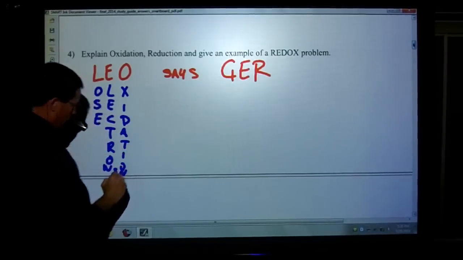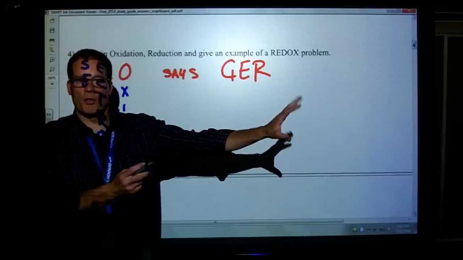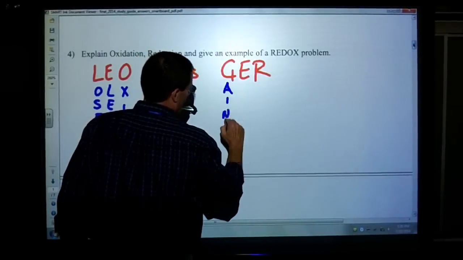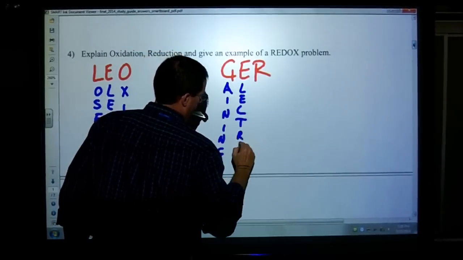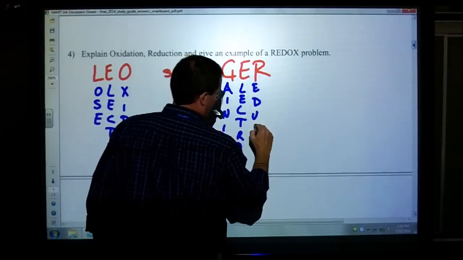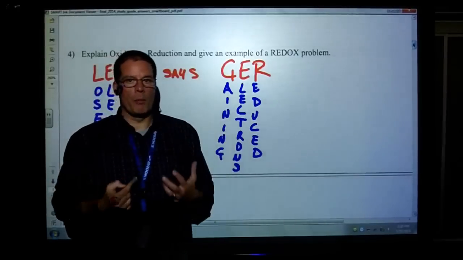Okay, so whenever an element becomes more positive, because it's losing negative charges, it's being oxidized. And then gaining the electrons means that it's being reduced. Okay, so if I gain more electrons, I'm going to become more negative.